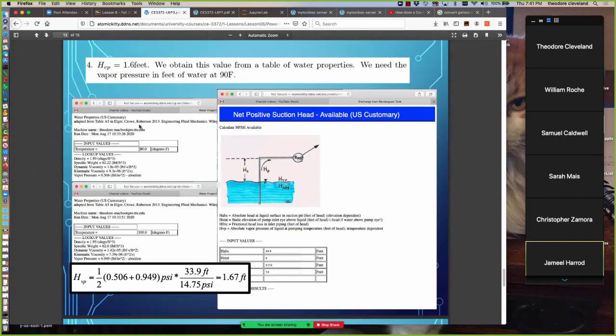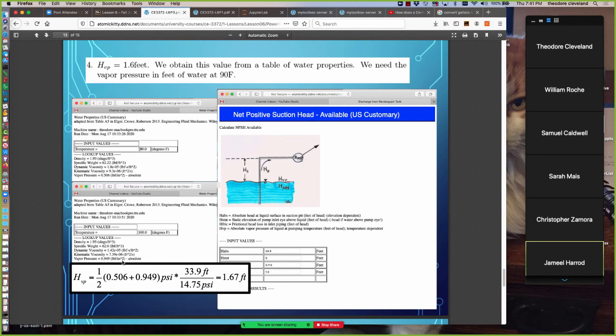If we go to our table of water properties, online, we find there's an 80 degree value and a 100 degree value. So we could get each of those values: 0.506 pounds per square inch absolute at 80 degrees and 0.95 PSI absolute at 100 degrees.